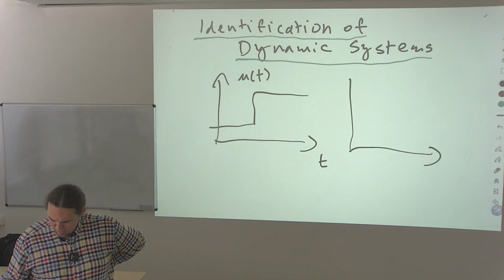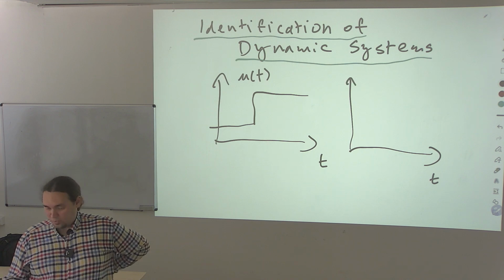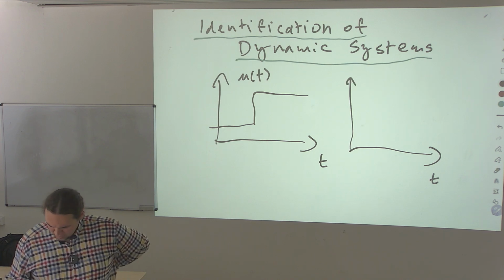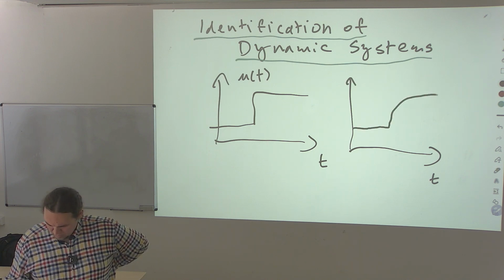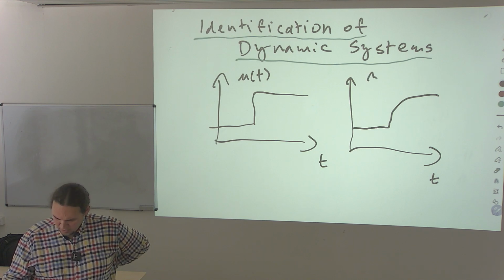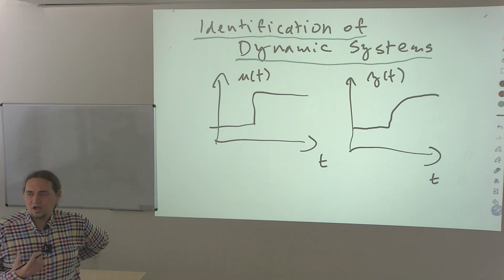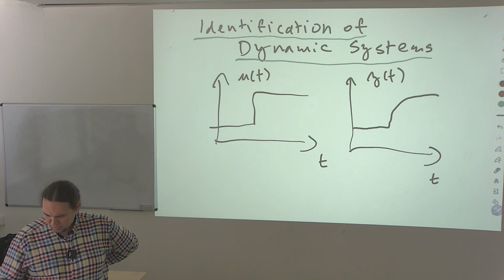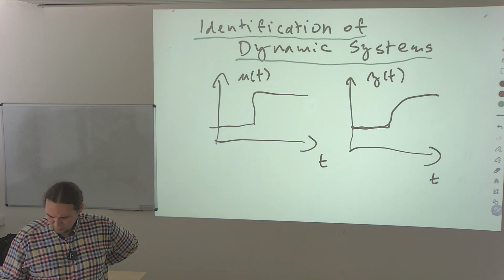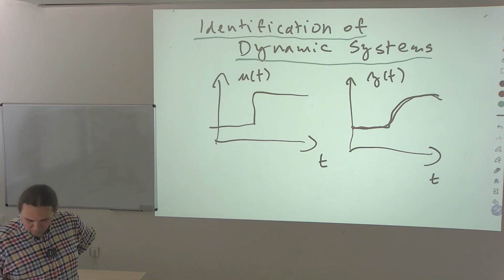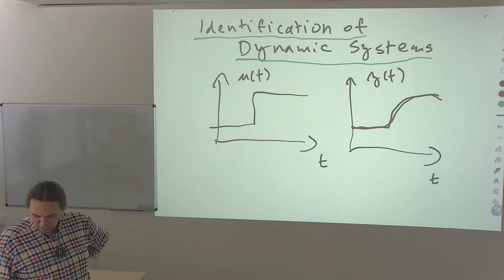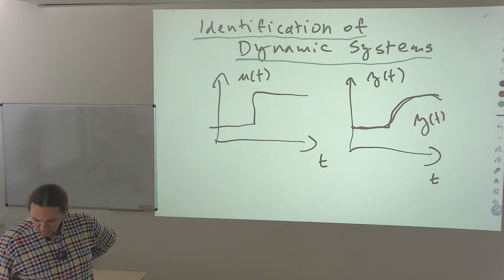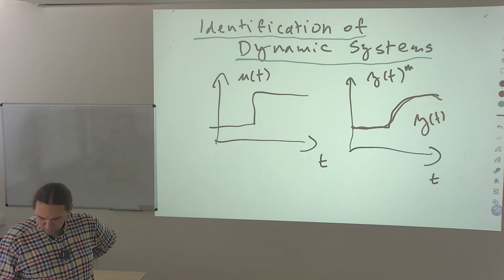I measure the response of some plant, something like this, and then I'm trying to find out some sort of a model that would represent this plant. Let's say this is Y measured.